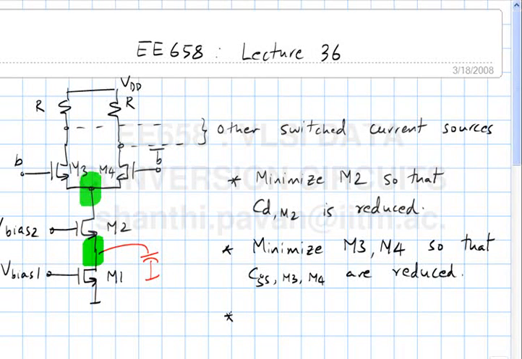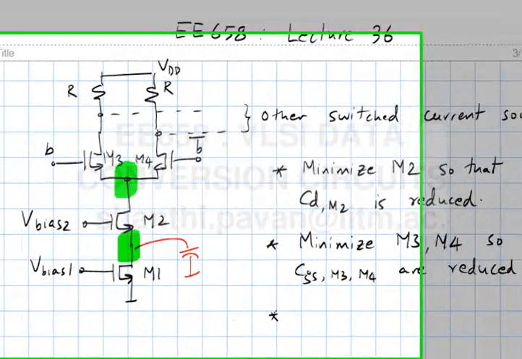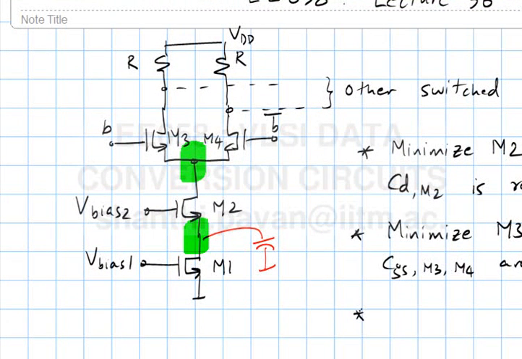And what else? You want to make sure that this is the best you can do as far as the parasitic capacitance at the source of M3 and M4 are concerned.